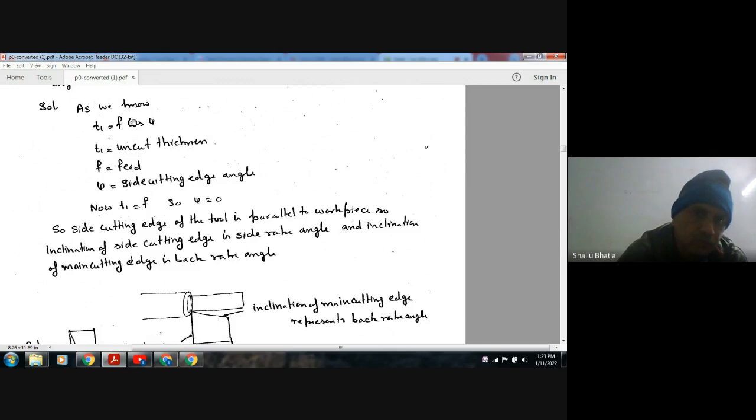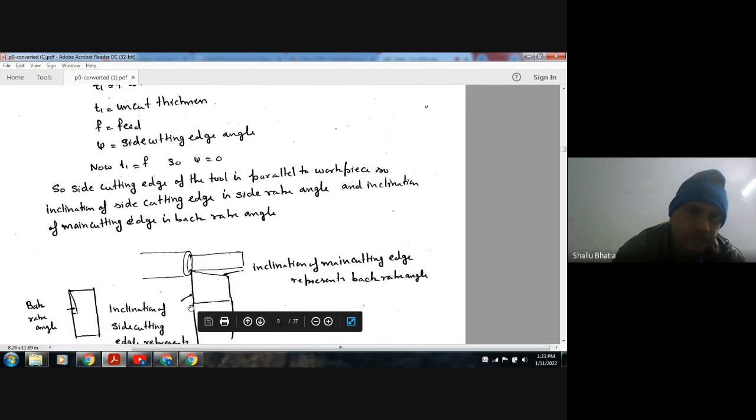So cos 0 is 1, and T1 will be equal to f. So whatever feed we give, that will be the uncut thickness.